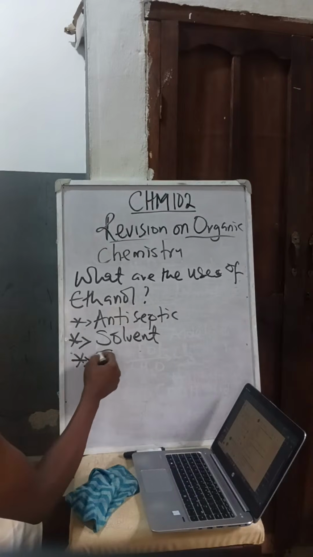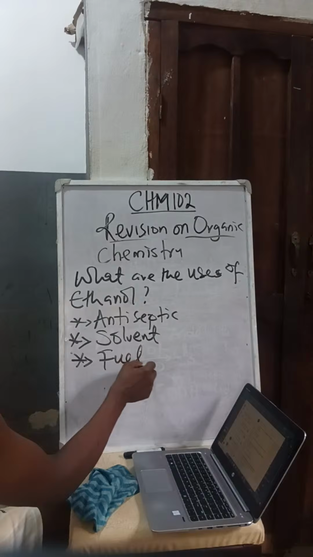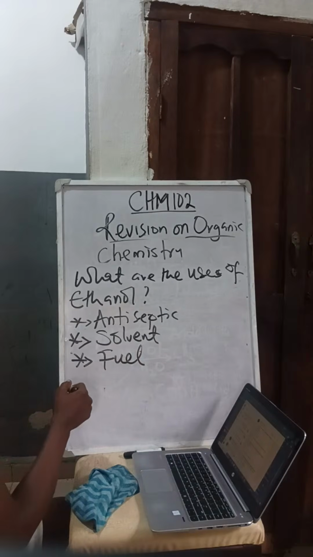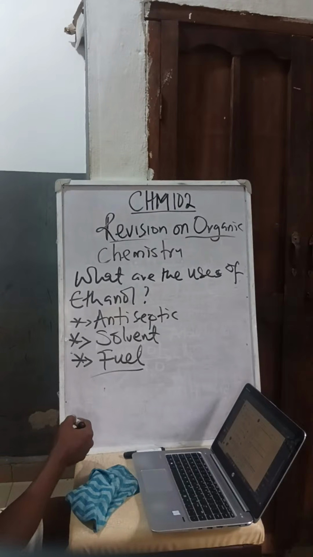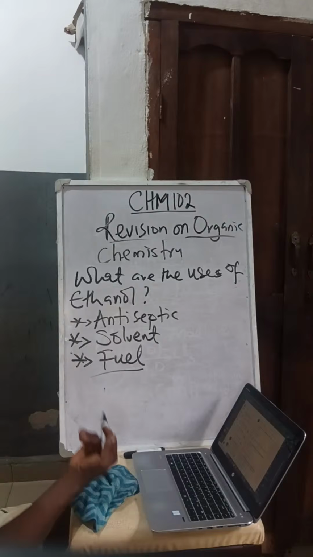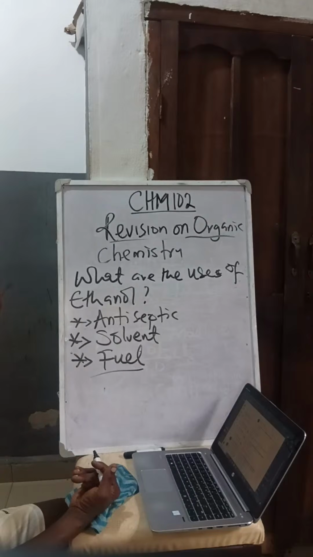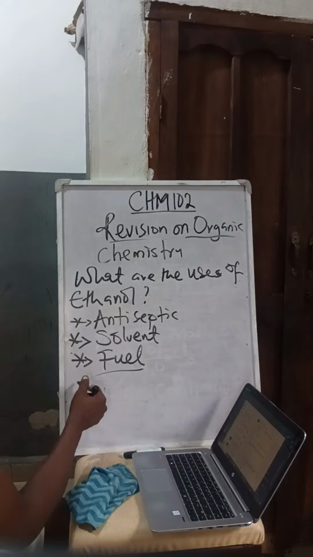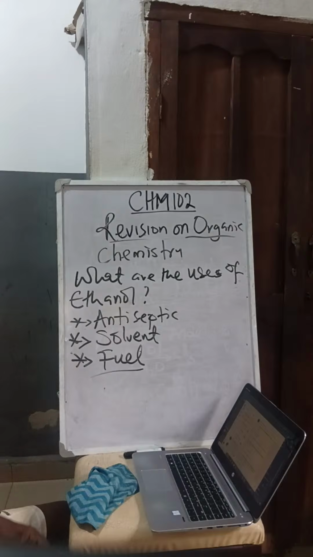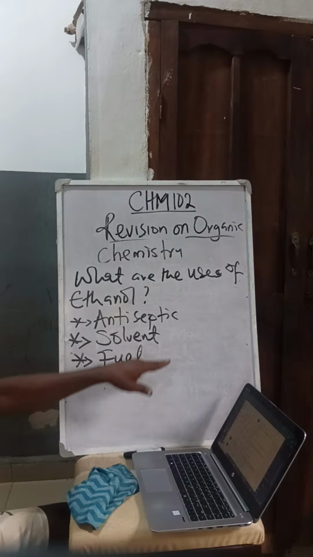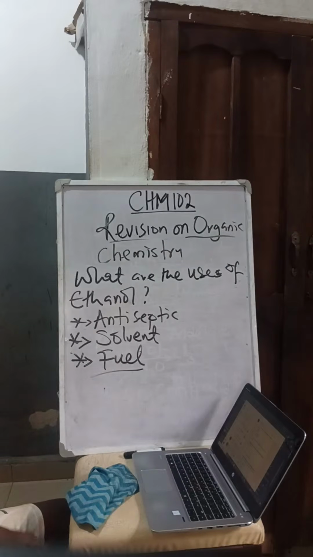Can use ethanol as fuel, as the case may be, because the polarity of ethanol is due to the presence of hydrogen bonding. Okay? Antiseptic, solvent, fuel, and so on and so forth.